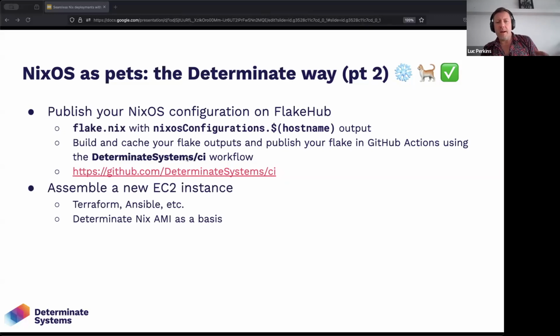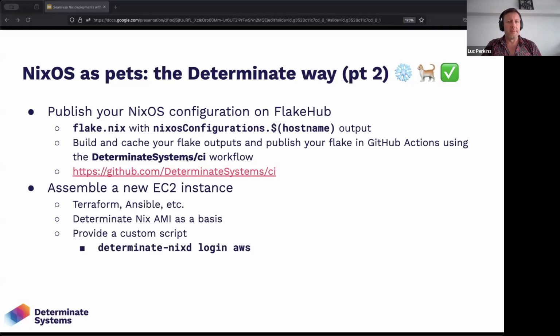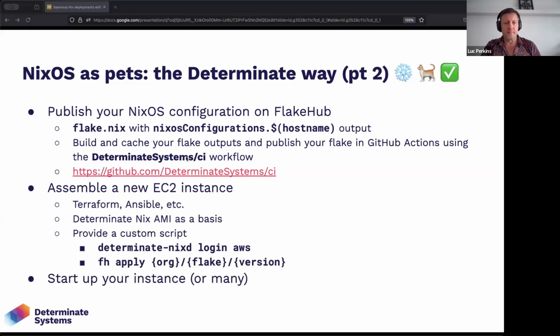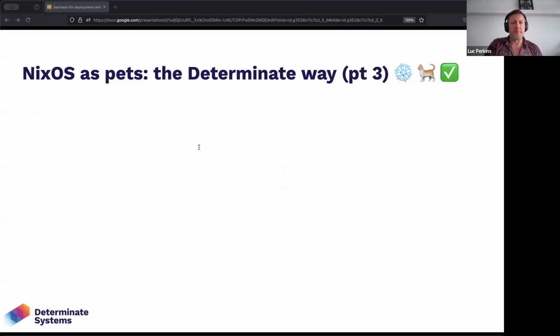All you need to do there is to use the Determinate Nix AMI as the base image, and then provide the custom script from before, so the login step and the apply step. And so you start up your instance, or perhaps many of them in an auto-scaling group, or perhaps in many different groups. They need a few seconds to do their thing, and you're off to the races.